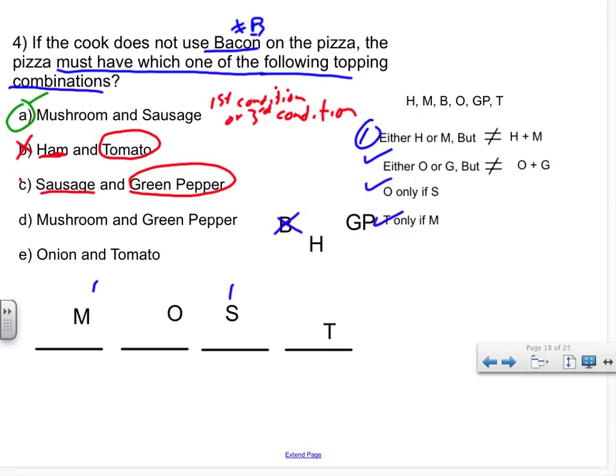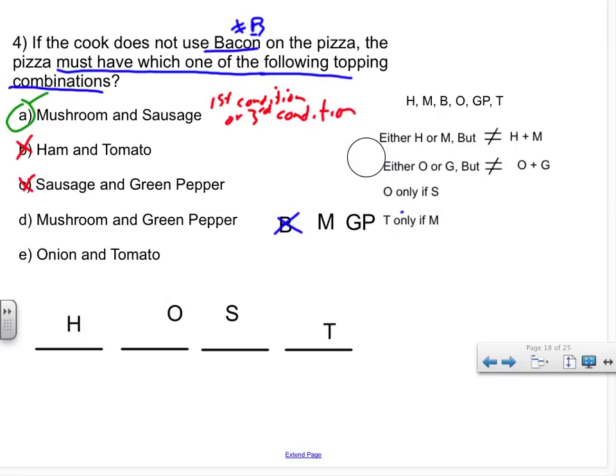So let's get rid of C. D, mushroom and green pepper. I believe this works from prior questions.